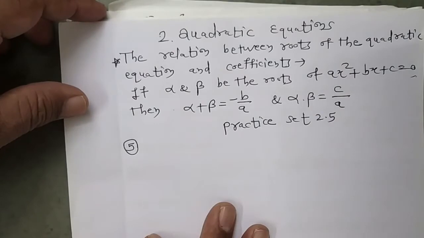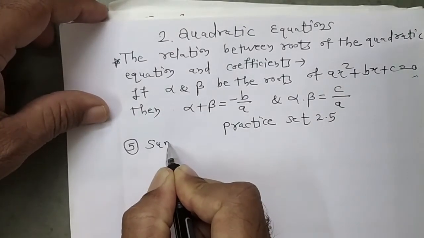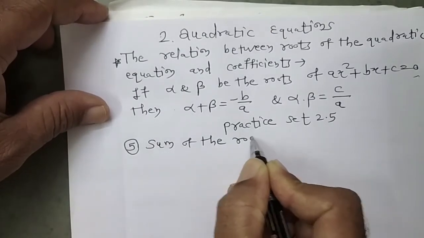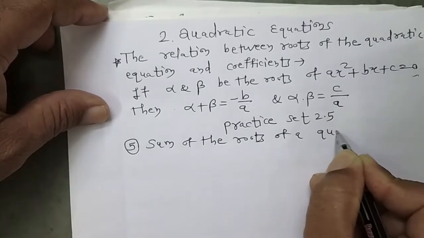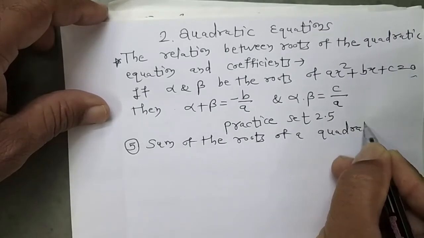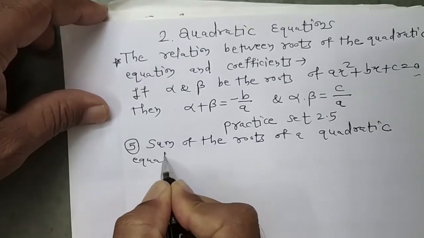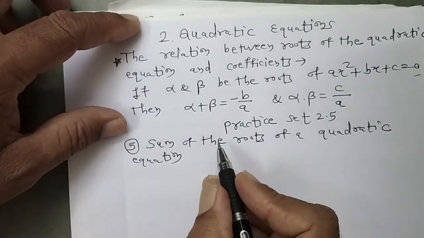The sum of the roots of a quadratic equation is double their product.